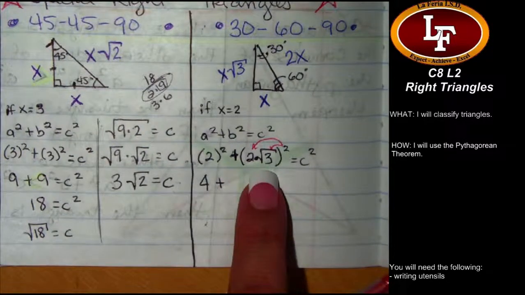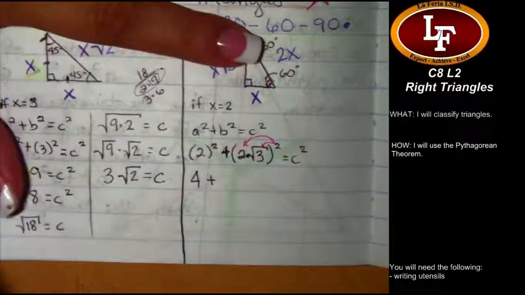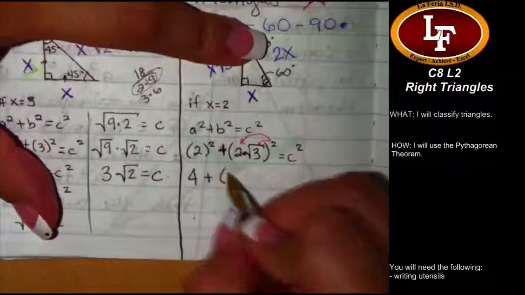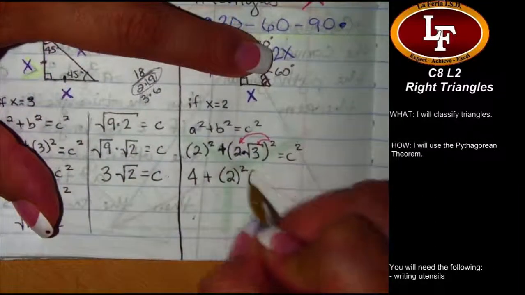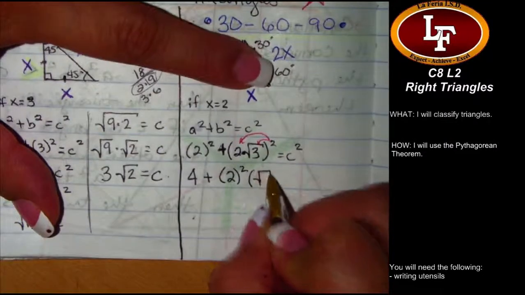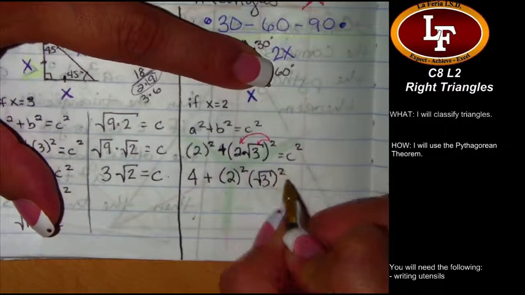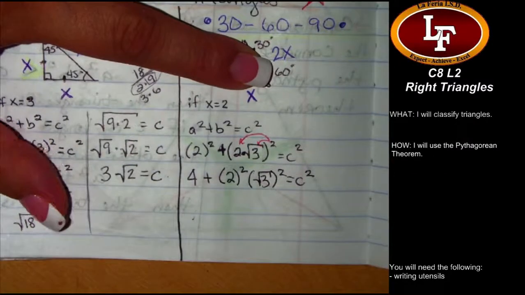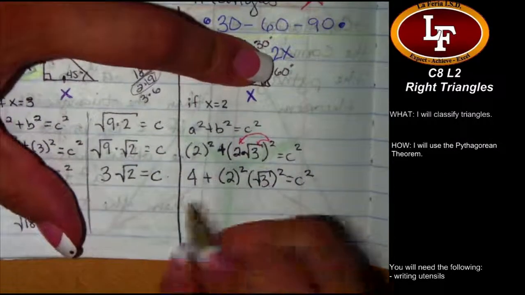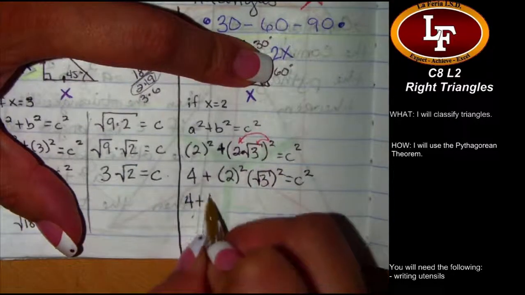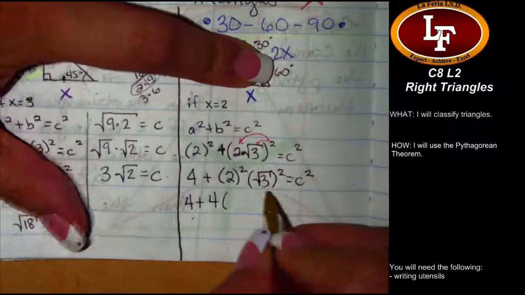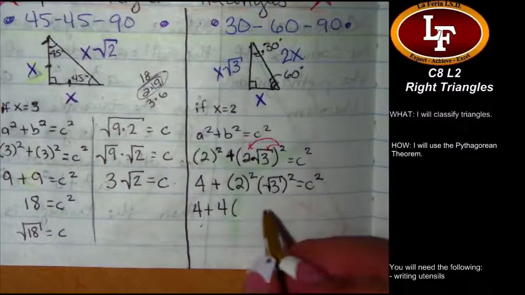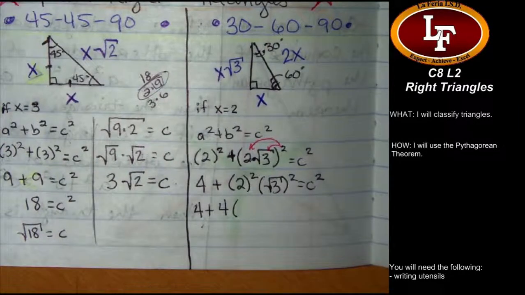Got it? All right. So then, this becomes 2 squared, and this becomes the square root of 3 squared. It looks a little messy, but I'm showing you that we just distributed that power. 2 squared is 4, and now I have a square root being raised to a square power.